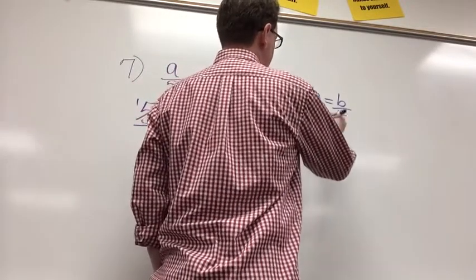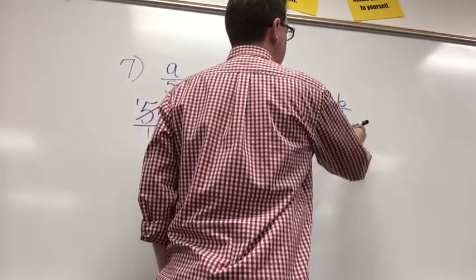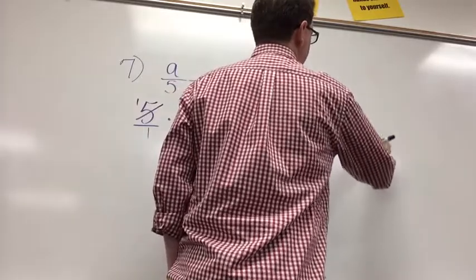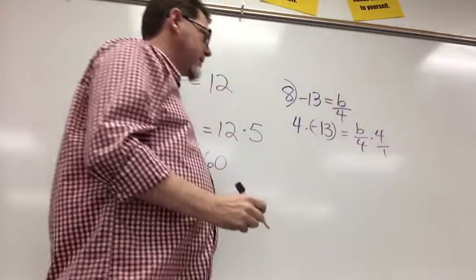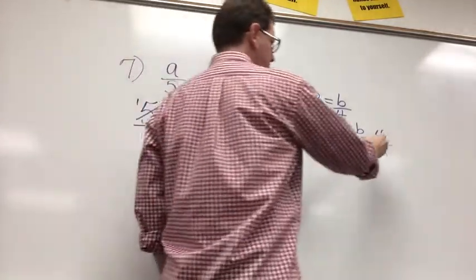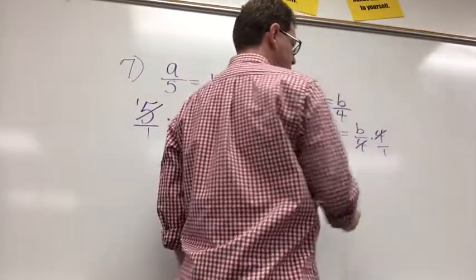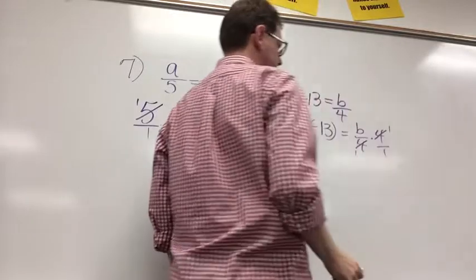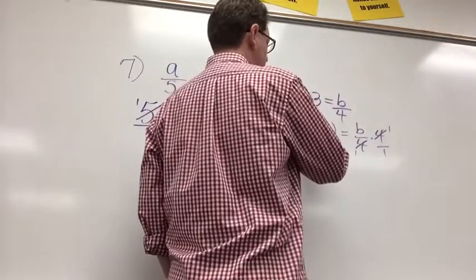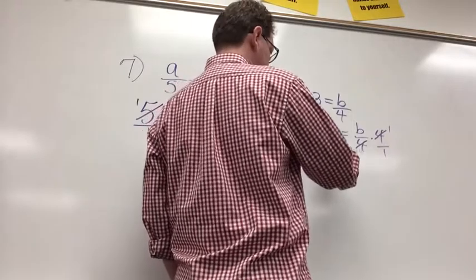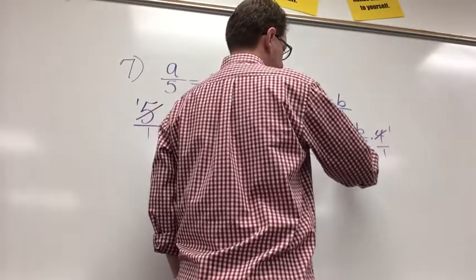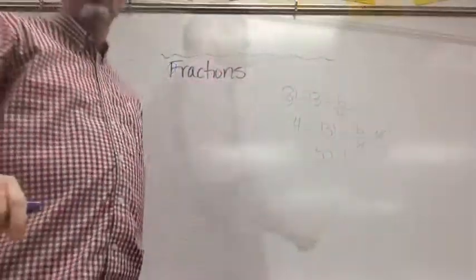So 4 times negative 13 equals b over 4 times 4. And again, we're going to put it over 1. Now to multiply these, we can cancel any numerator with any denominator. And we're left with 4 times negative 13, which equals negative 52 equals b.